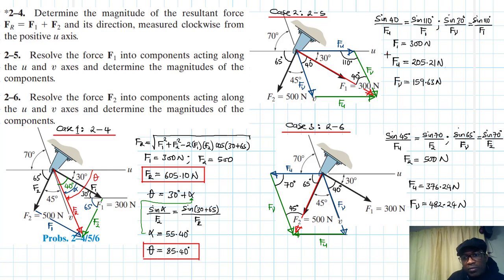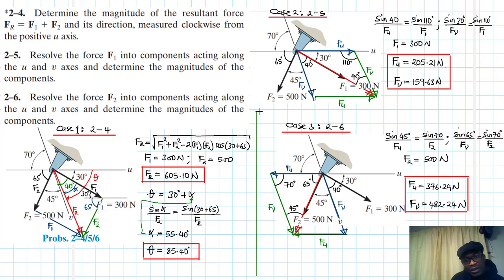And then we have the components in the second case for F1, the magnitudes, and then the components in case 3 for F2. All right, let me just create a demarcation. So we have this one there and this one there.